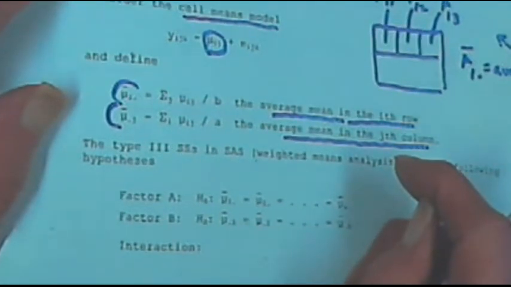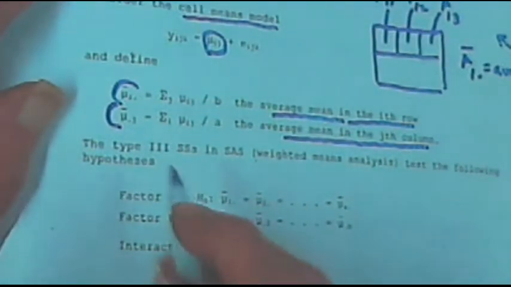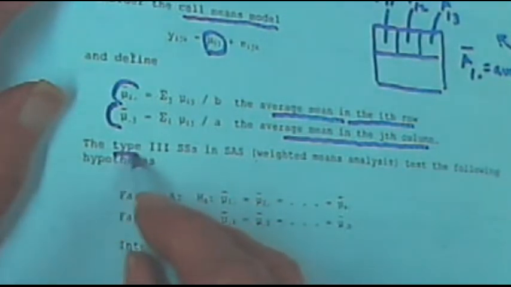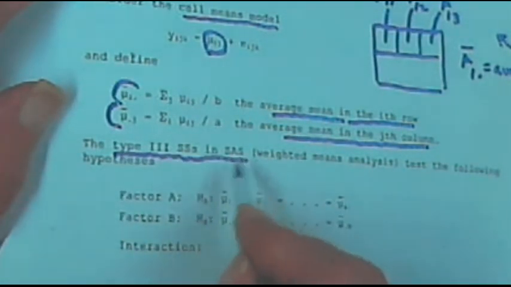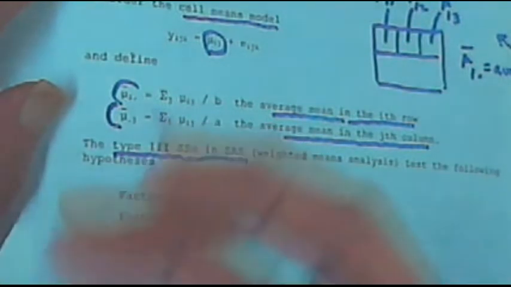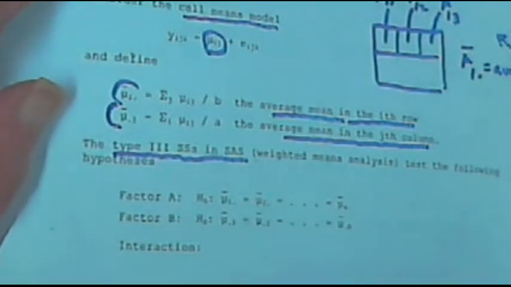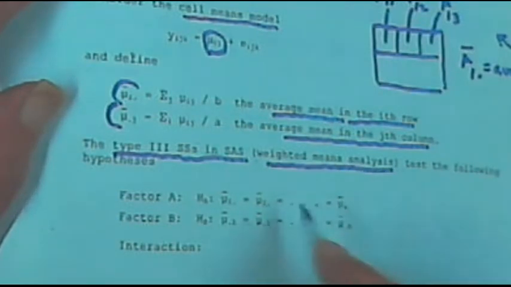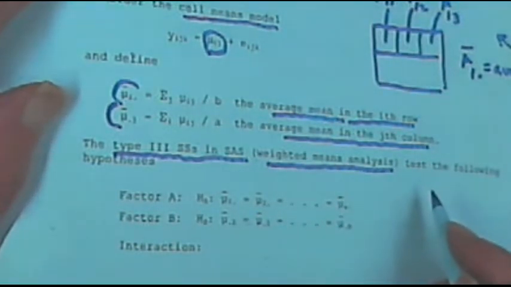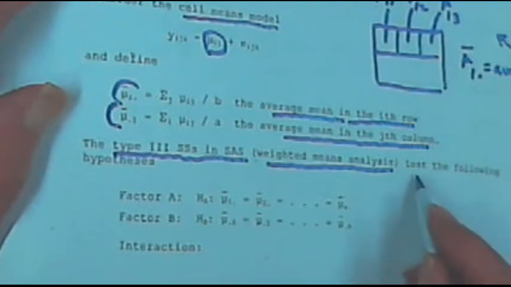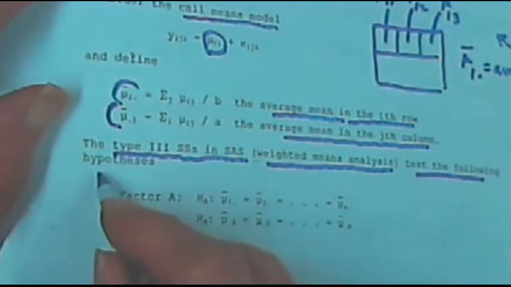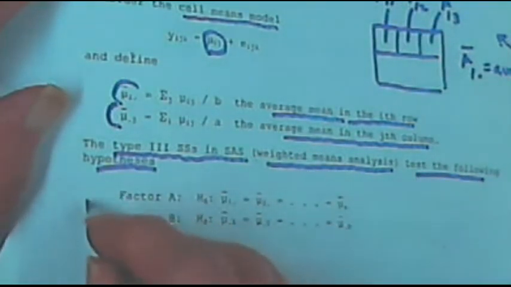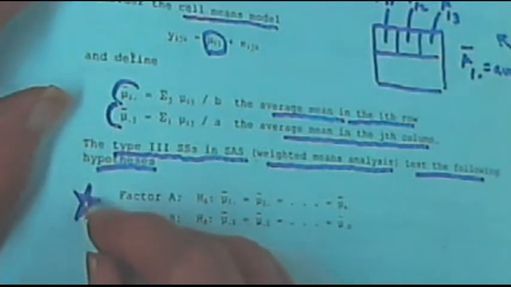So what this is saying is that the type 3 sums of squares in SAS, which are more traditionally and historically called the weighted means analysis, test the following hypotheses.